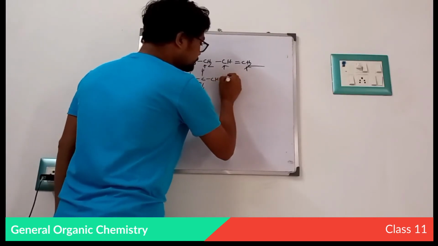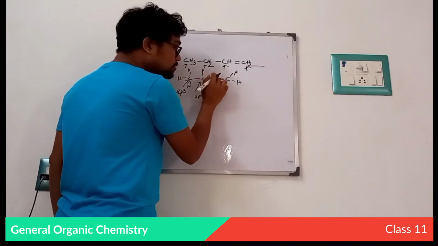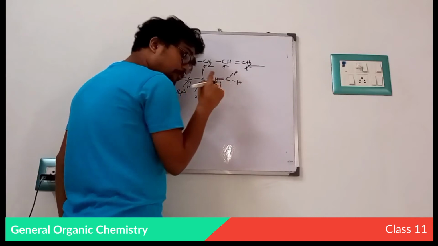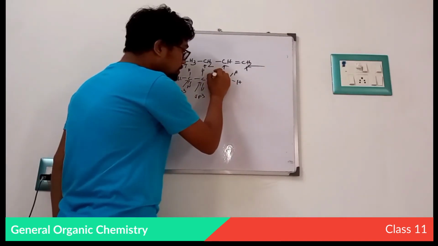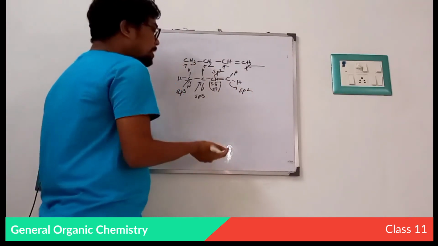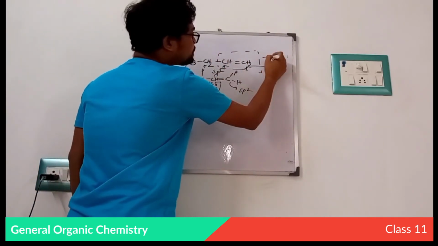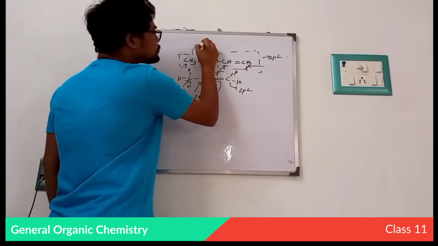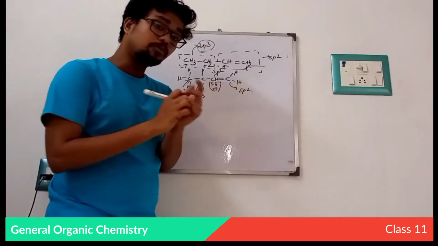Now this one has 1, 2, 3 sigma bonds and 1 pi bond. We know that in hybridization we do not consider the pi bond, so this is sp2 and this is also sp2. So this part is sp2 and this part is sp3. Got it?